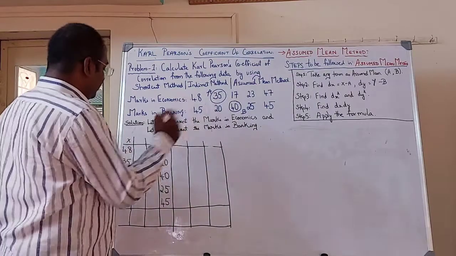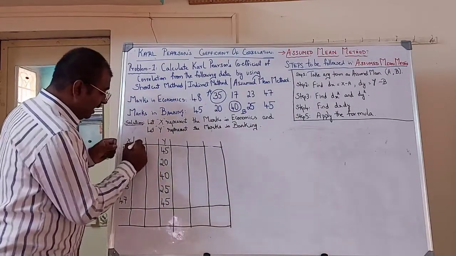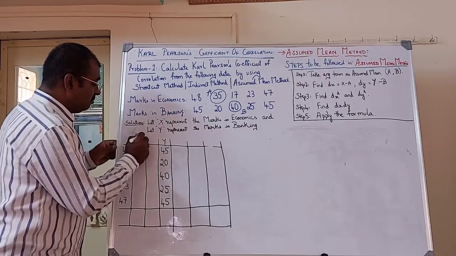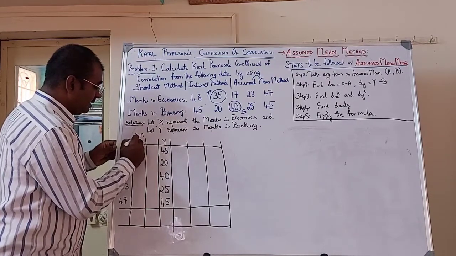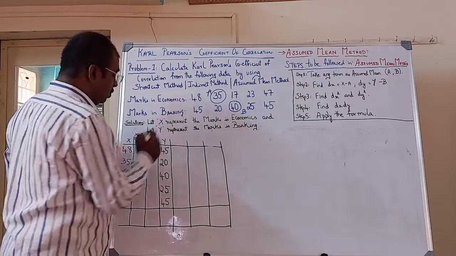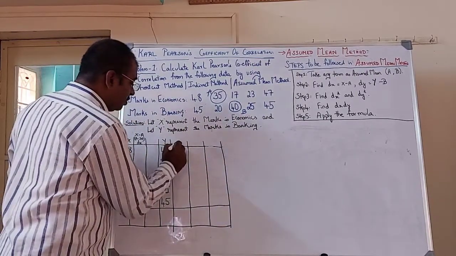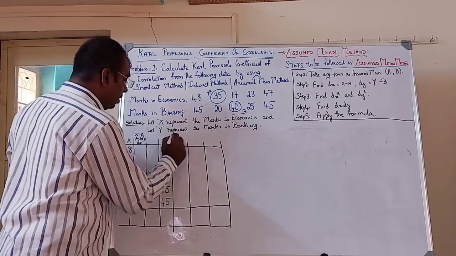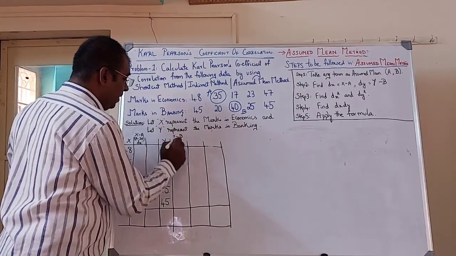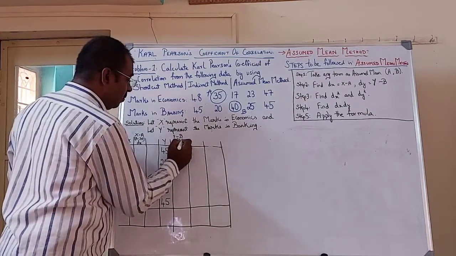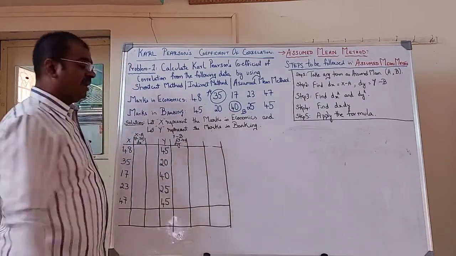You can choose any values of your choice, as I said. So now there we had x, here we will call it as dx. dx is equal to x minus a, that is x minus, we have chosen a to be 35. Similarly, we have to calculate dy, which is y minus b. So here it is y minus 40.